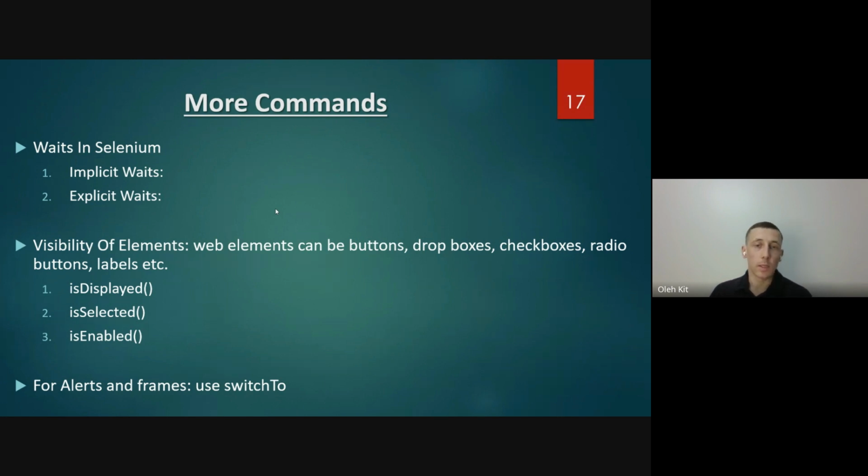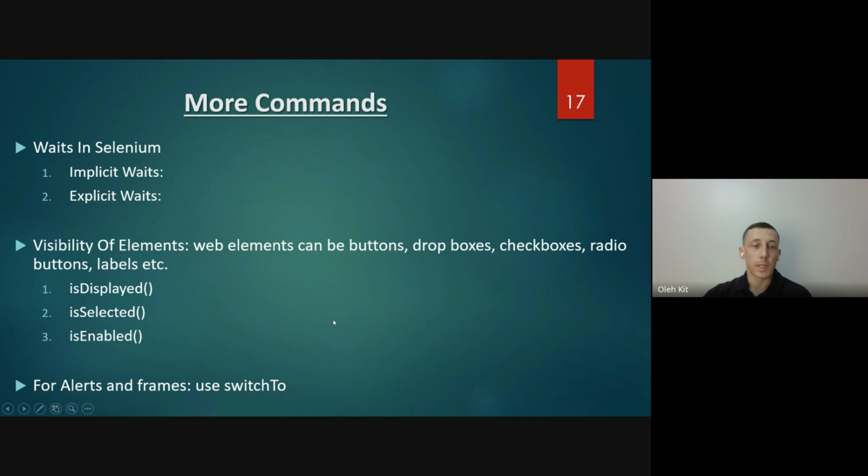So Selenium gives us a chance to check some state of our elements, our drop boxes, check boxes, radio buttons, and so on. We can just simply use the commands is displayed, is selected, or is enabled, and understand if it works correctly.